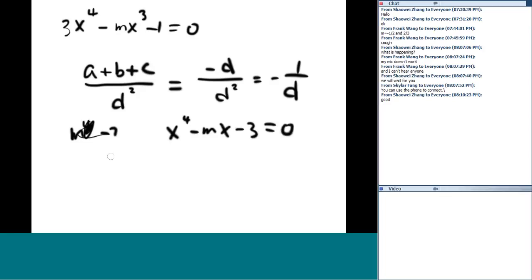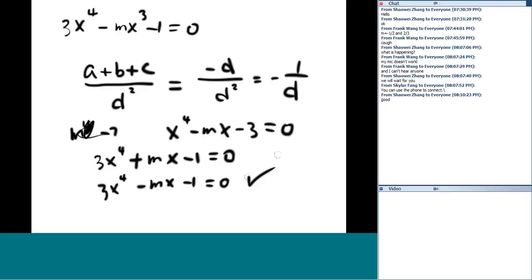Then you flip it to get 3x to the 4 minus mx plus x minus 1. Then you take the minus, you get minus x. I think you're right, okay? You're right.